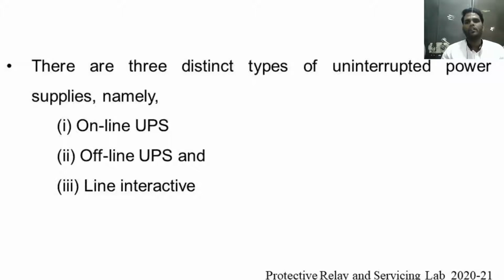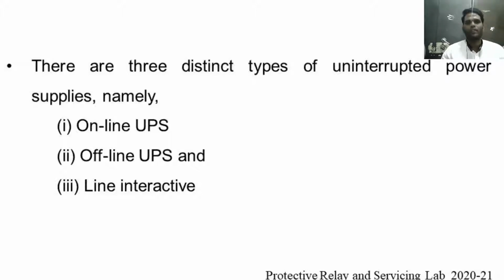Again we convert that DC into AC by means of an inverter and connect it to the load. This happens continuously, and at the same time the rectified power is given to my batteries to store the energy. If the power fails, then the power will flow from the battery to the inverter, where DC power is converted into AC power and given to the load.